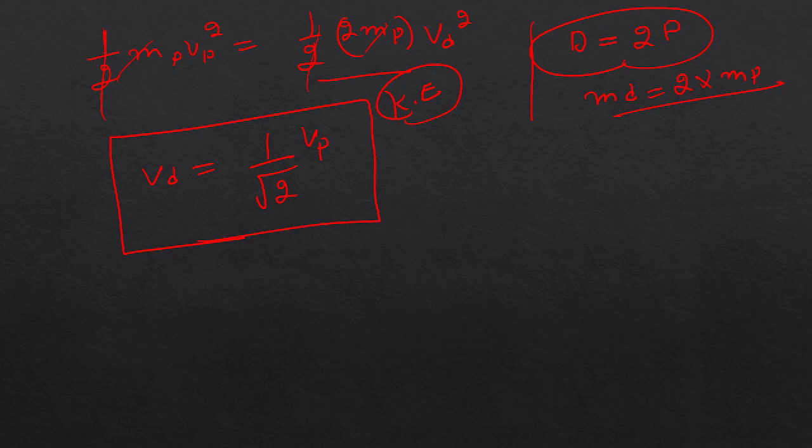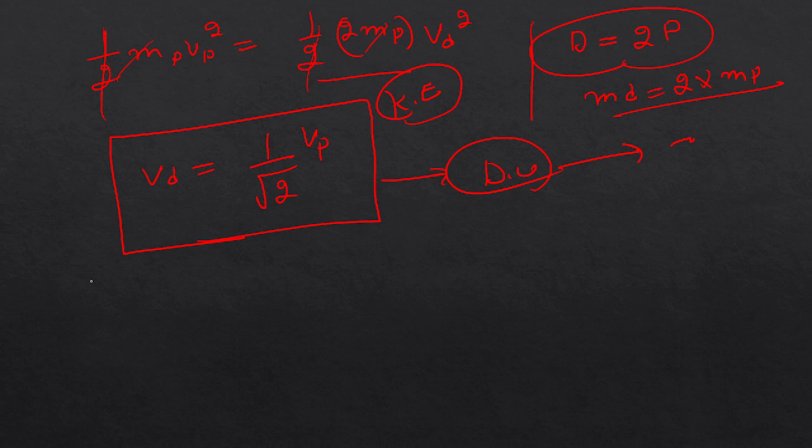The condition given in the question is just the input. We have to put this input now in the de Broglie wave equation so that we get the final result. The final result is how much longer the wavelength of the proton is compared to the wavelength of the deuteron.